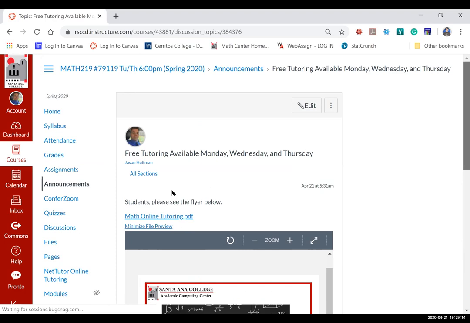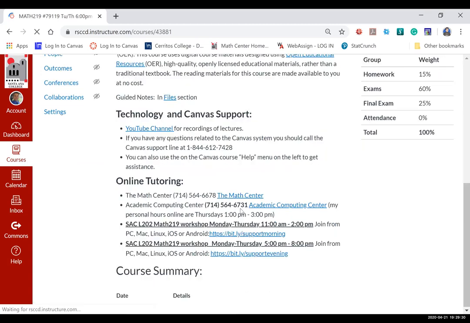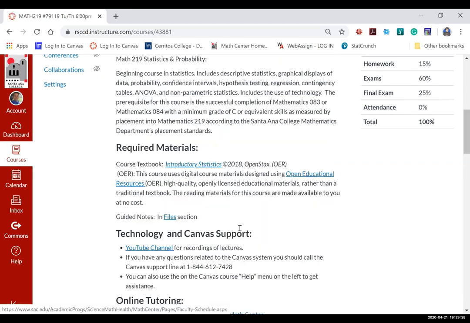Also, they have statistics tutoring, and that should be on the home page here. So free statistics tutoring through the Math Center, also through these workshops.